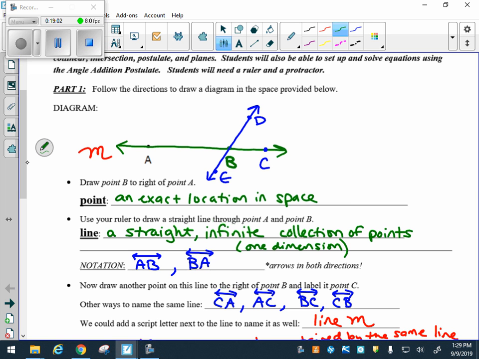Point A and point E, are they collinear? Generally people want to say no because there's no line that goes through them, but again, read the definition. Two objects that can be contained by the same line. Could I draw a line through points A and E? Yes, so then they are considered collinear.